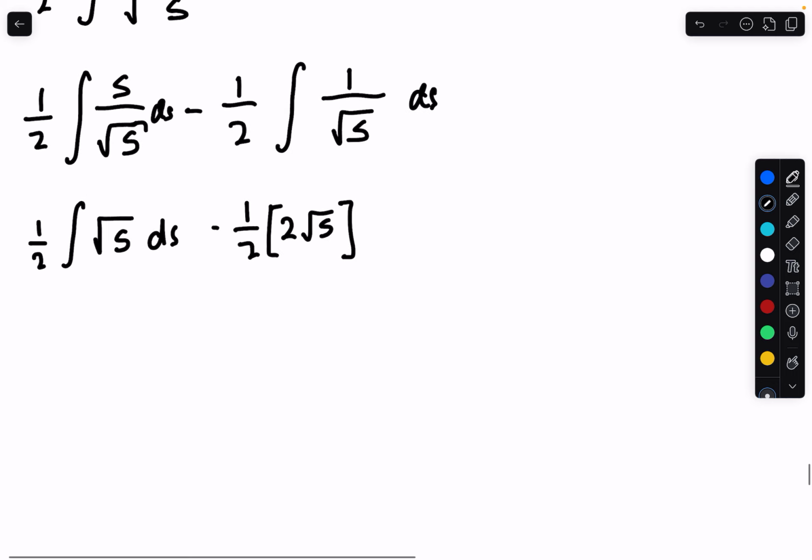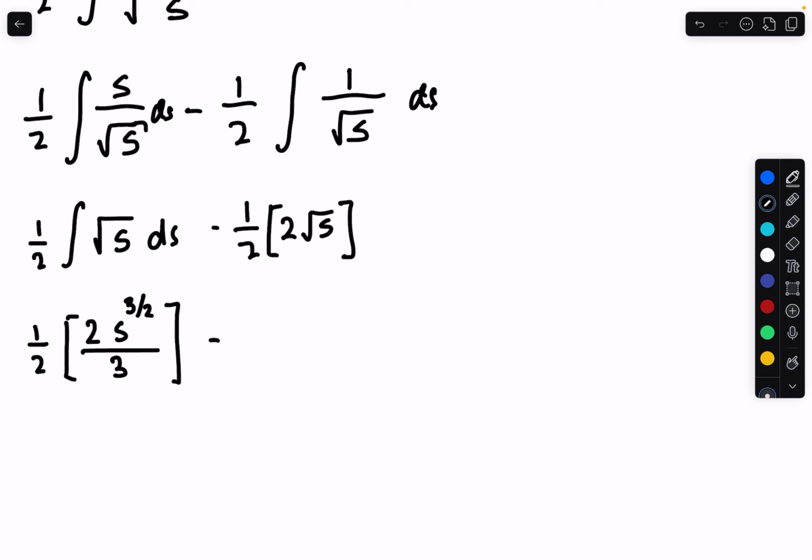So now the integral of this, 1/2 the integral of square root of s, is just 1/2 times 2s to the 3 over 2 divided by 3, minus 1/2 times 2, so this is going to cancel, so we're just left with minus the square root of s, and then of course all plus c.